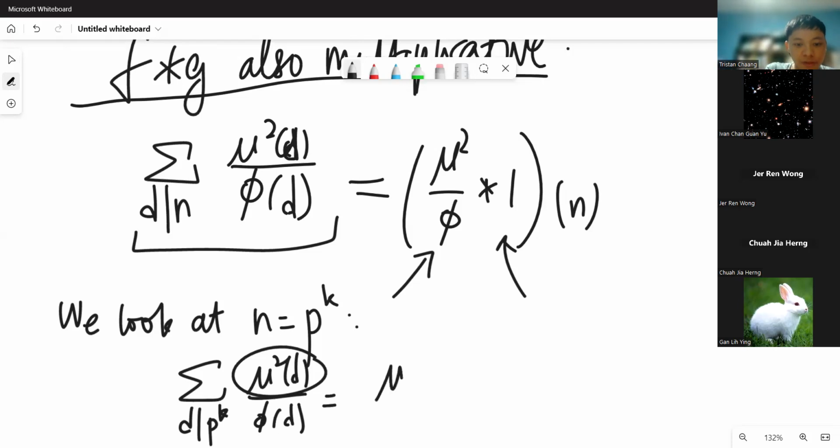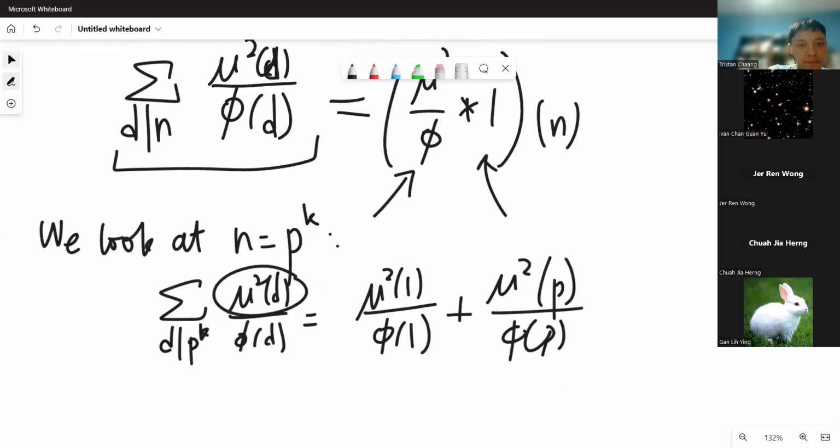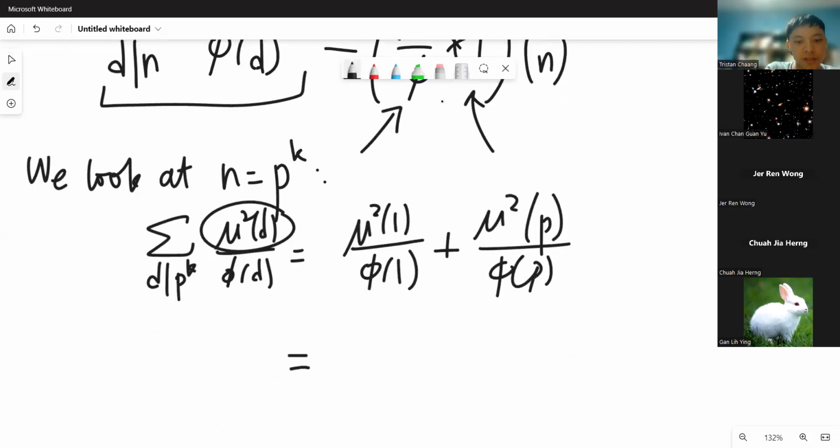So this is just mu squared 1 over phi 1 plus mu squared p over phi p, which is 1 plus 1 over p minus 1.